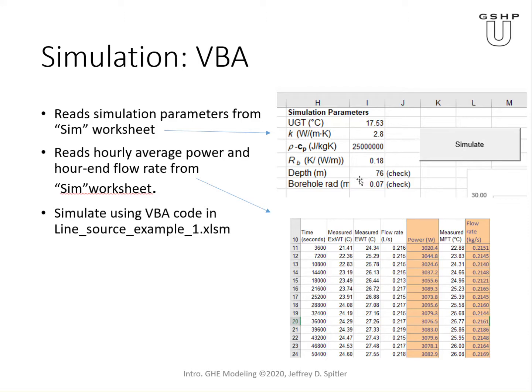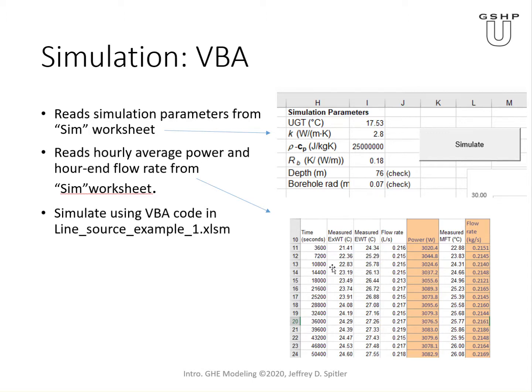If you don't have the right depth, you can still get an answer that looks perfectly good. It just won't be right. I didn't check the borehole radius either; it should be somewhere around 0.07. I know what kind of grout is in the borehole, but I won't say. We'll just assume these numbers are right for purposes of our example.